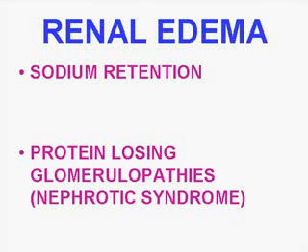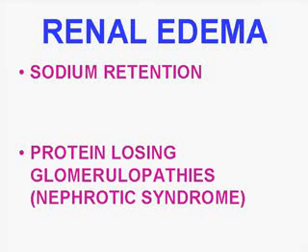Let's talk about renal edema now. There's also two really good reasons to have generalized edema with renal failure, as well as liver failure and heart failure. One of them is that as the kidneys fail, there's sodium retention. And remember we said, as goes the sodium, there goes the fluid. So if the body is retaining sodium, it's also retaining fluid.